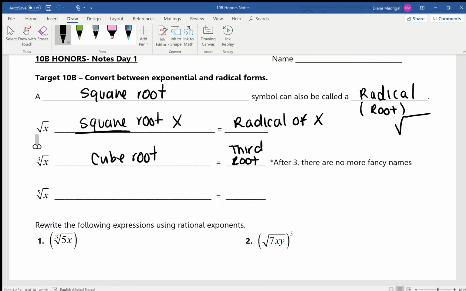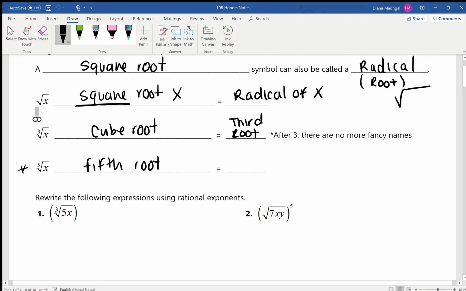After 3 there are no more fancy names. So after 3, I'm just going to call this, for example, the fifth root, because there's no fancy names after that. Okay, so the numbers increase, and it's just going to be the sixth root, the seventh root, whatever the number is, with the root at the end.